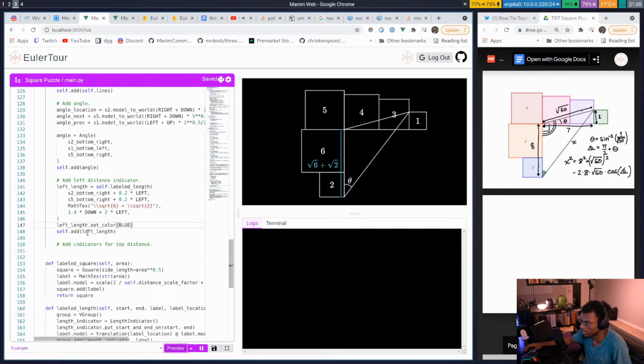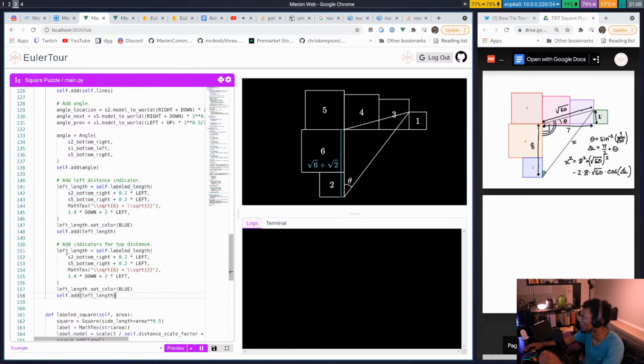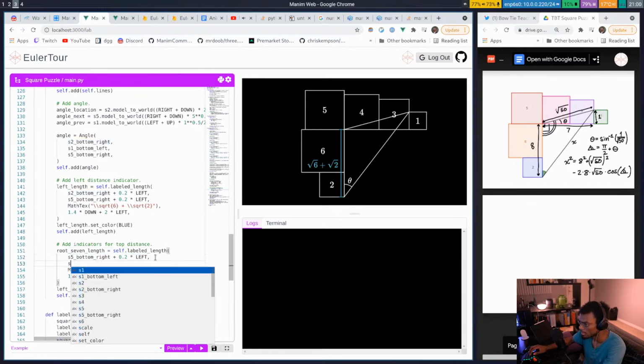So now that I've done all that work, hopefully it'll be easier to do this for the root 4 plus root 3. This will be S5 bottom right to S1 bottom left.